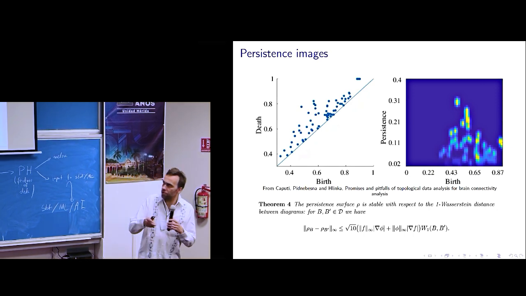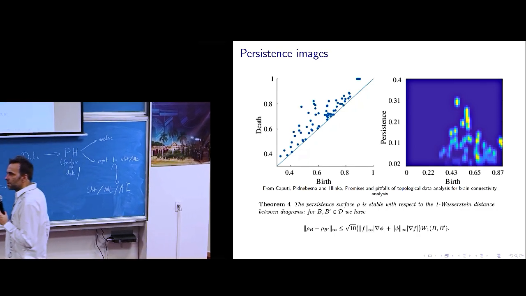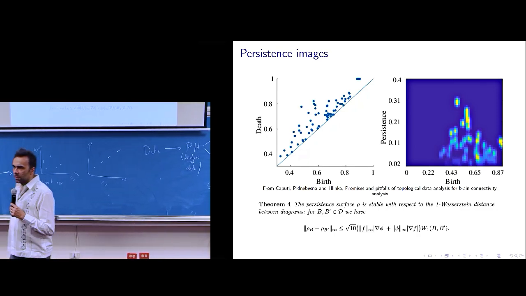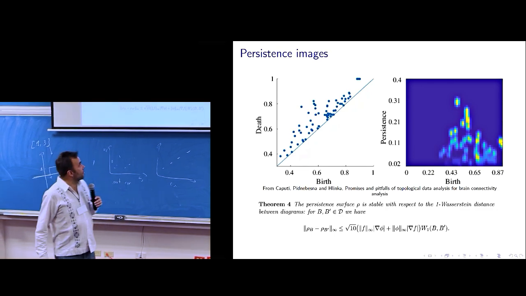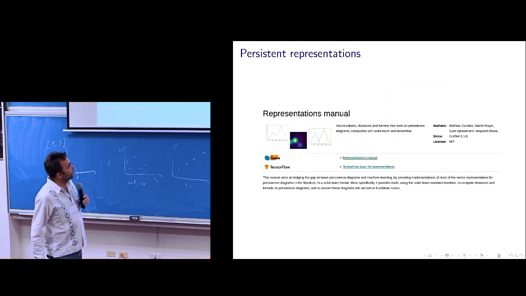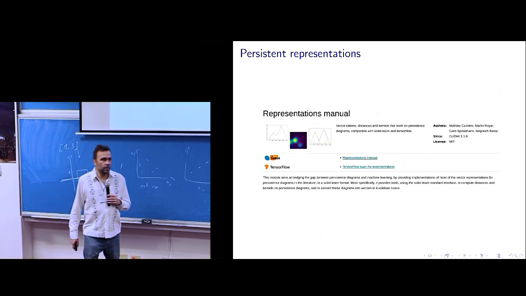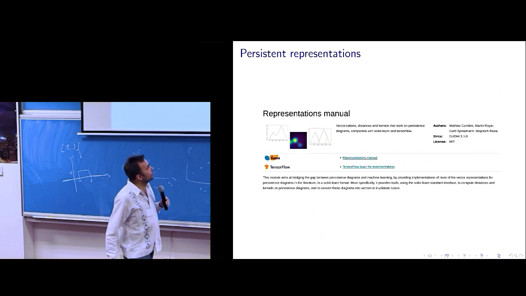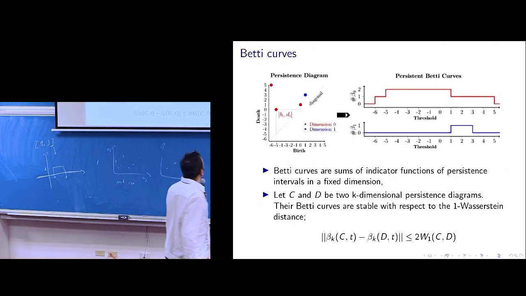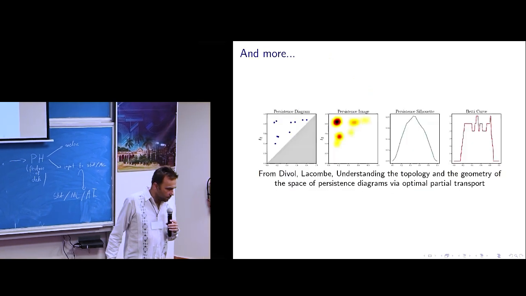But that's a necessary step to actually move from this unstructured collection of points into something that is usable. And as I mentioned, it is implemented in this package and many other packages. There are on the order of 10 to 20 vectorization methods available at the moment. The reasonable ones are implemented, and you can just plug and play.